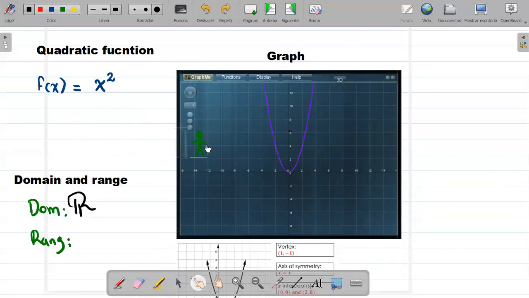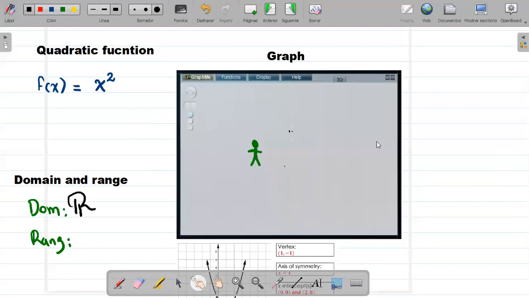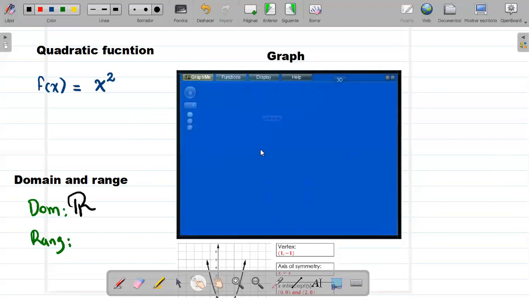So let's see what happened with the guy. Is it possible that this guy passes through the other side? If you're thinking that no, it's because you're looking just at those values that go from 0 and up. There's no way, of course, that this passes through the other side if we have this 0 over there. Okay? Wow.